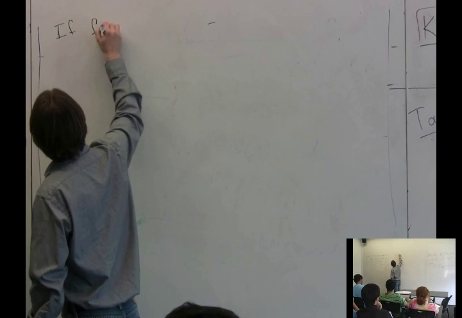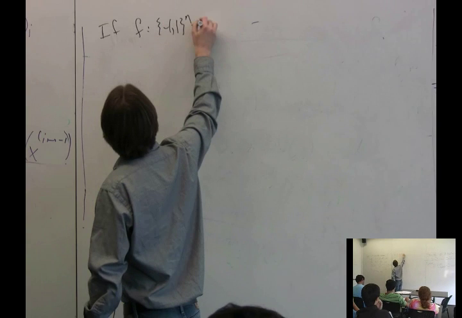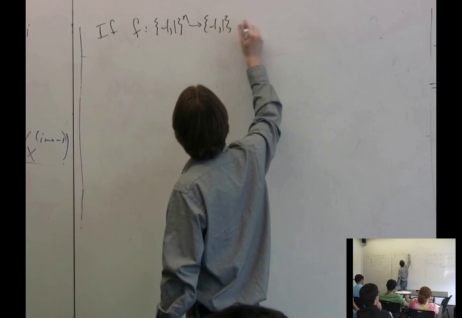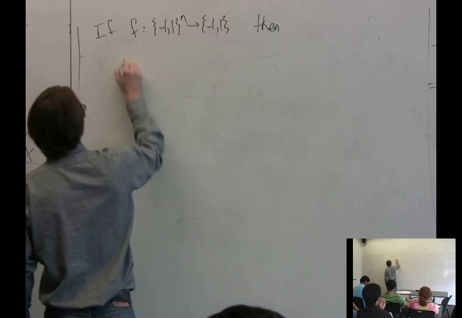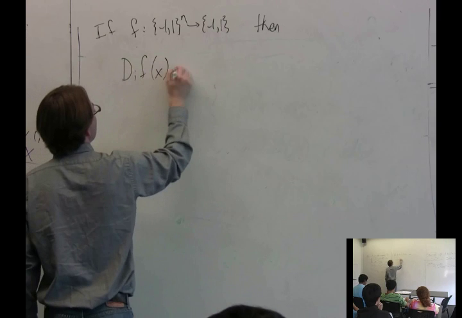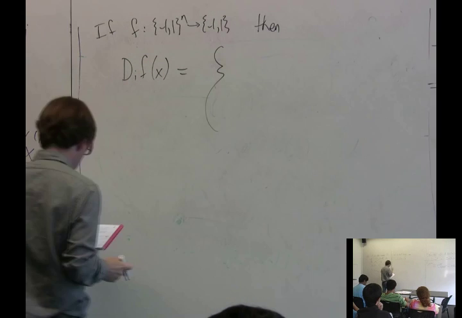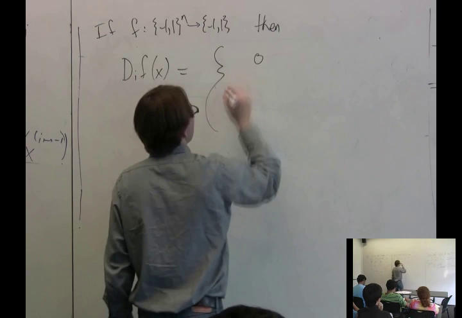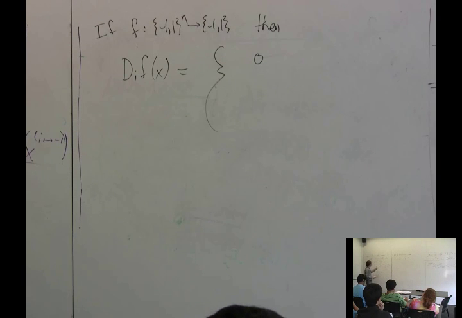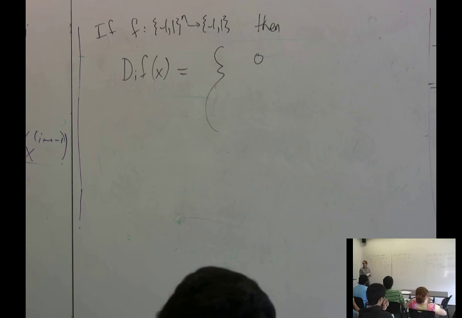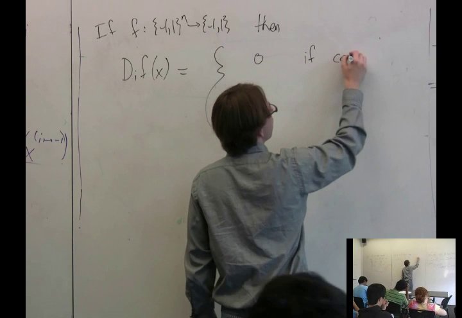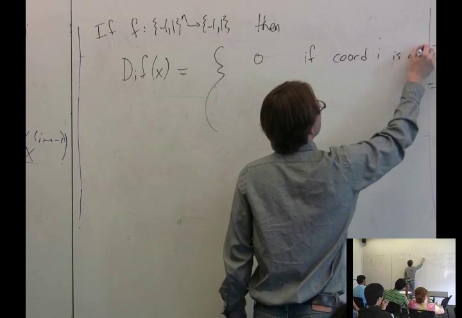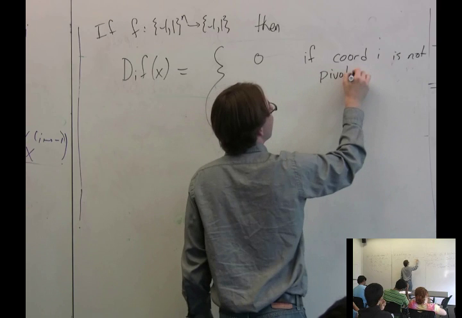Then D i f of x is 0 if changing the ith bit doesn't matter at that value of x, that is, if coordinate i is not pivotal on x.